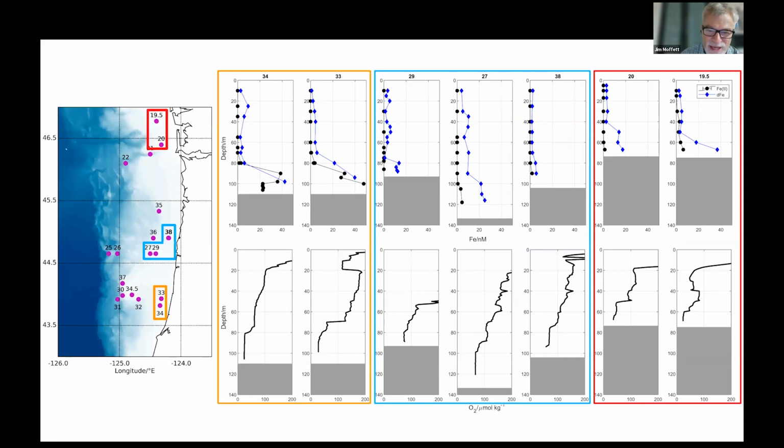Much of our field campaign was directed at validating the main hypothesis or the main assumption that went into linking iron with what is essentially a carbon and oxygen model, which is that bottom water oxygen is the big factor. These are just plots here showing total dissolved iron and iron 2 at a number of stations up and down the Oregon coast.